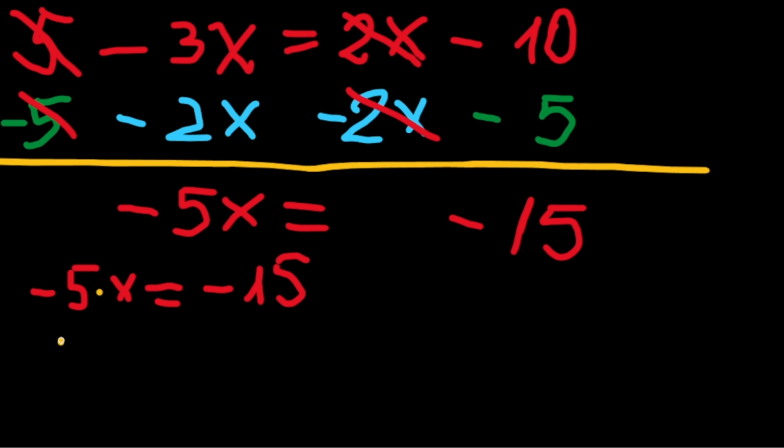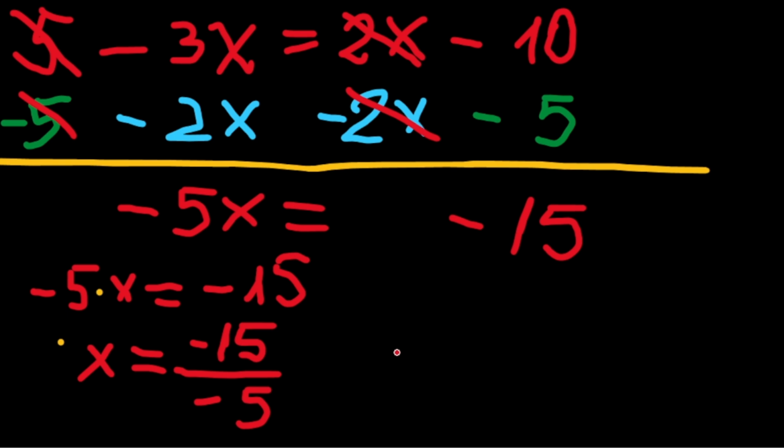So we're going to have x equals minus 15 divided by minus 5.